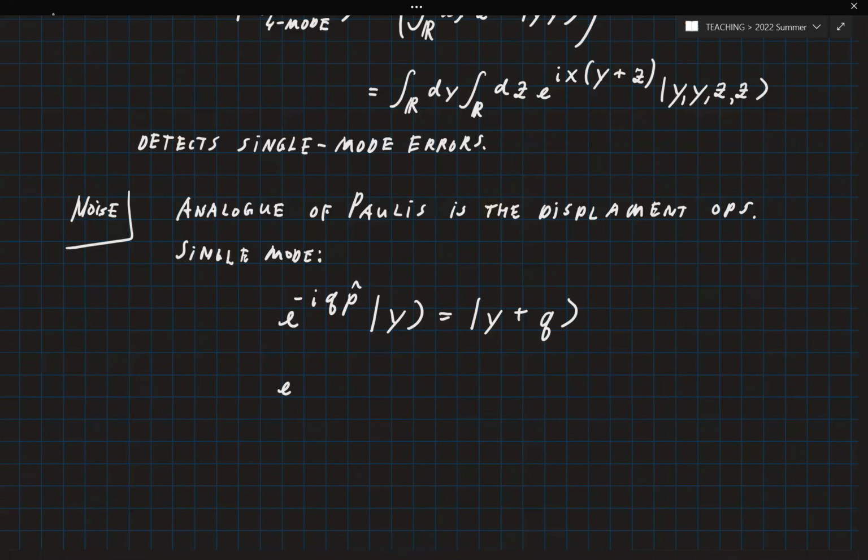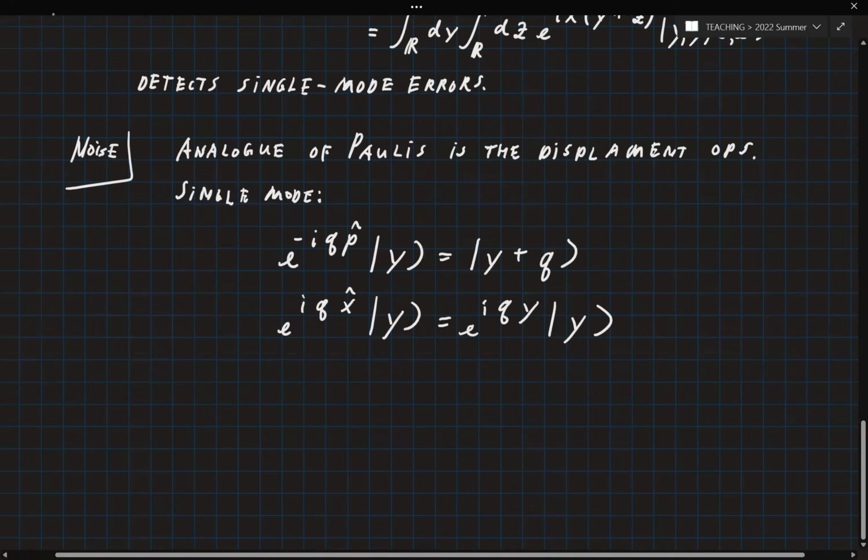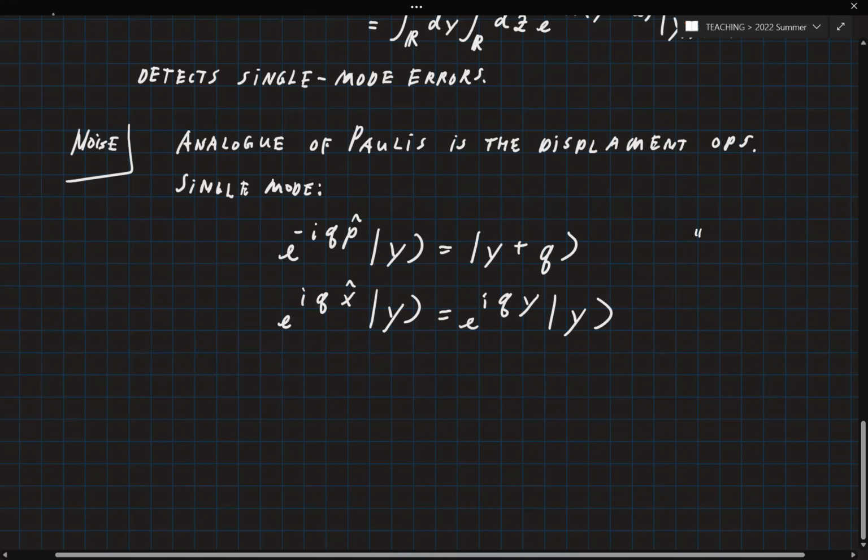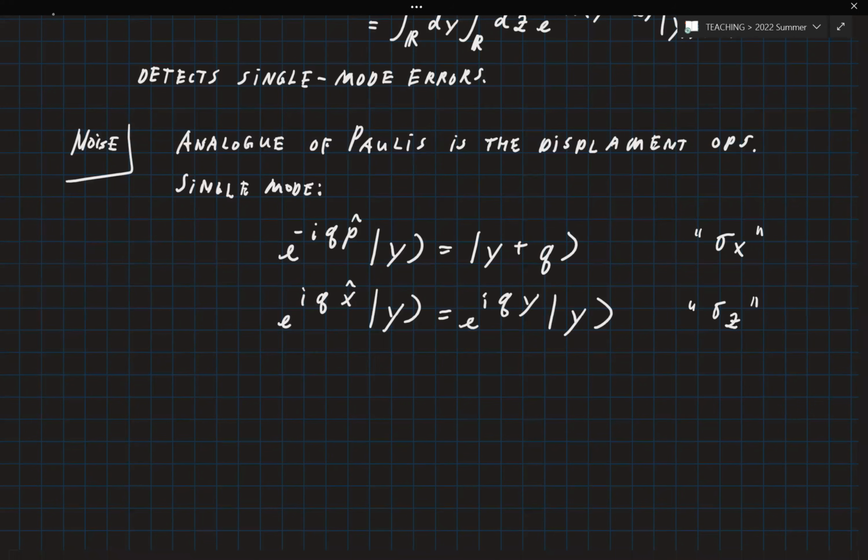And then the momentum shifts act as follows on the position state. They give you a phase that depends on the value of the position state. So this I want you to think of as an analog of sigma x. This I want you to think of as an analog of sigma z.